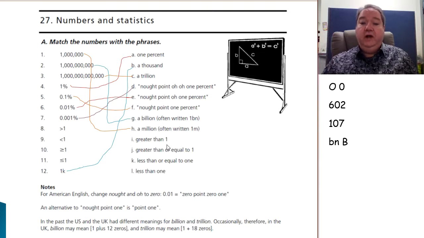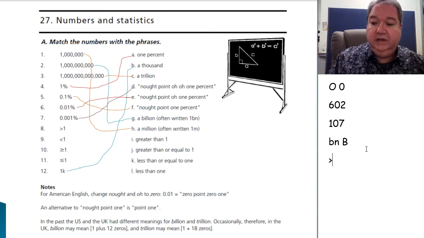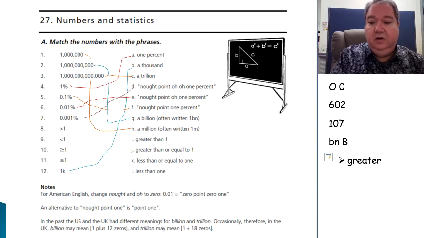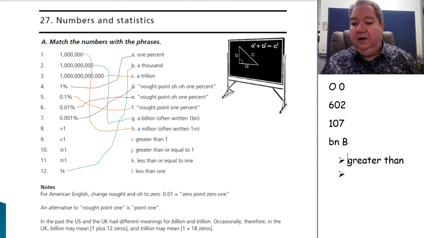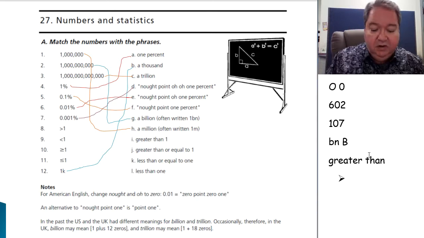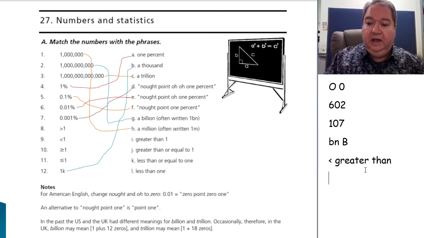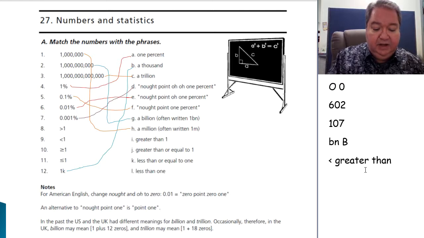Okay, greater than 1. The greater than symbol looks like this. That is greater than. Oh, it automatically changed my symbol there. Greater than looks like this. And of course then less than looks like this.